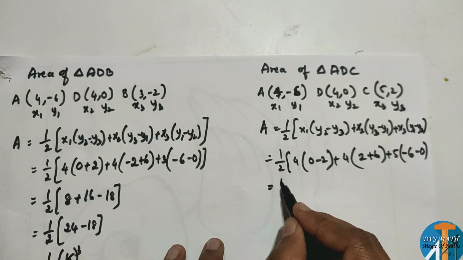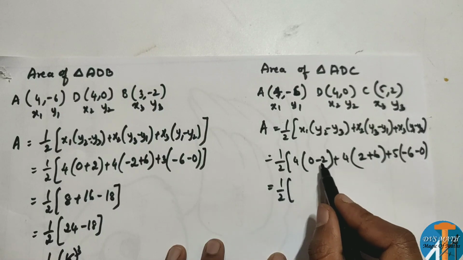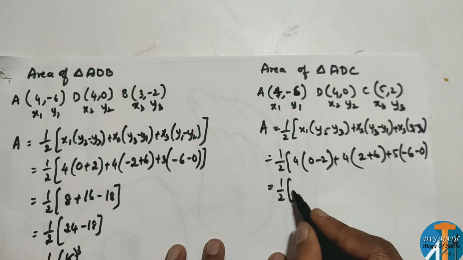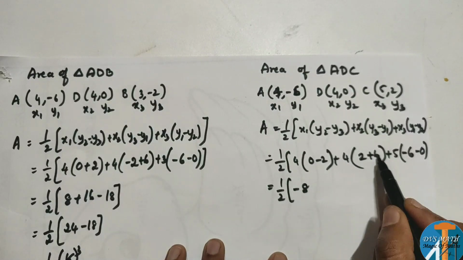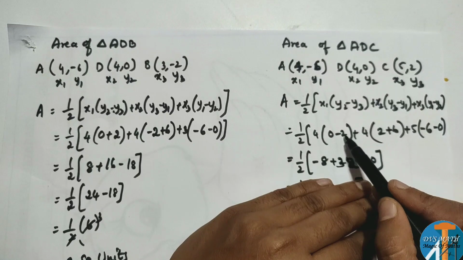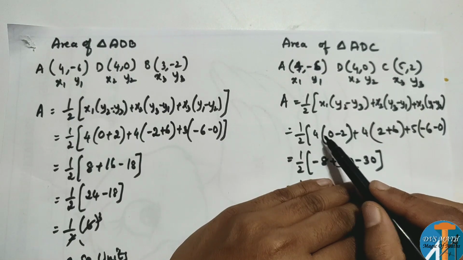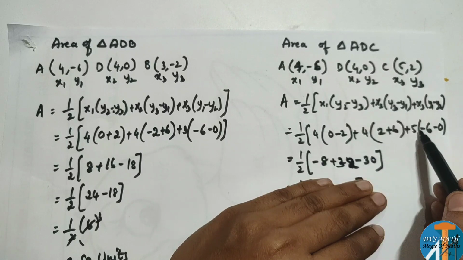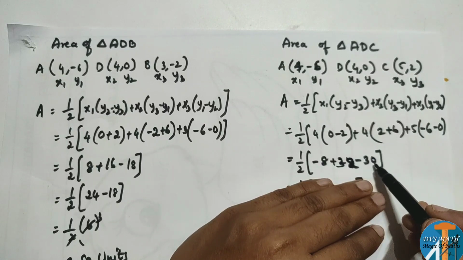So now let us simplify this. Half. Observe here, 0 minus 2 is minus 2. 4 into minus 2 is minus 8. 6 plus 2 is 8, 8 fours are 32. Plus 5 into minus 6 is minus 30.